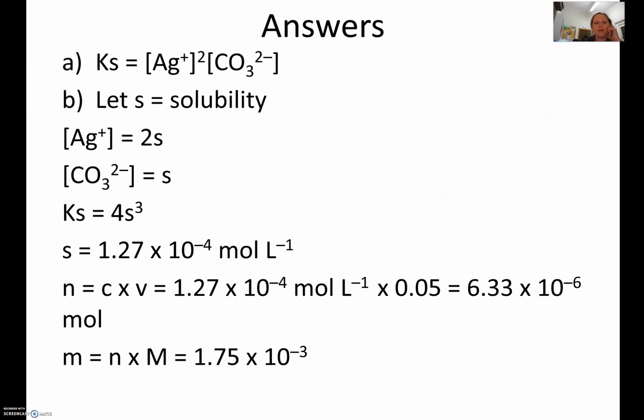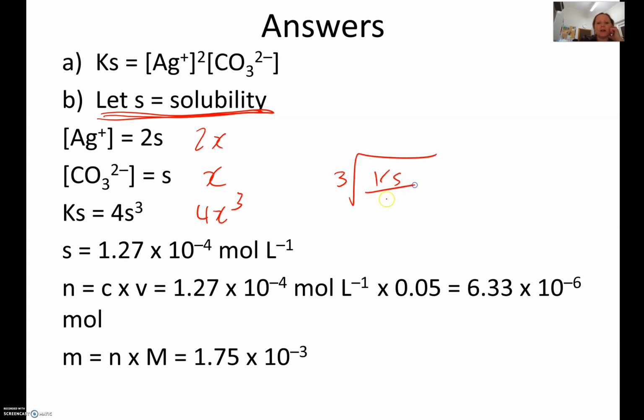So this is how we do it. So here we're making solubility S, but it could be X, it doesn't matter. So if you've got Ag+, it's going to be 2S or 2X. Carbonate would be X or S, and so that's going to be 4X cubed. So we know that if we do the cubed root of your KS divided by 4, you will get this answer. And that's your concentration, that's your X, that's your solubility.